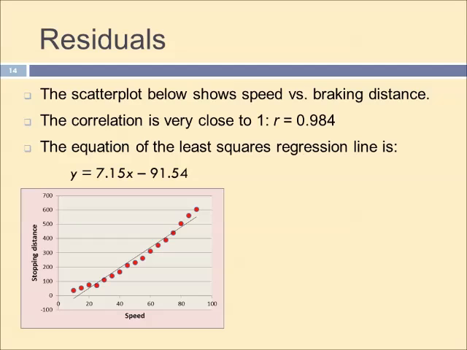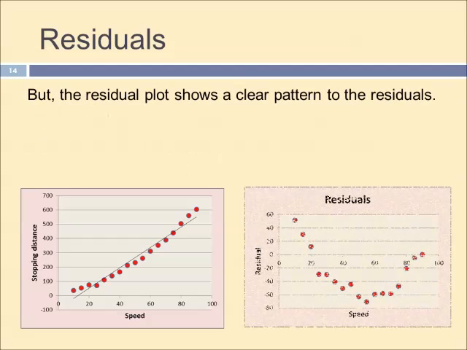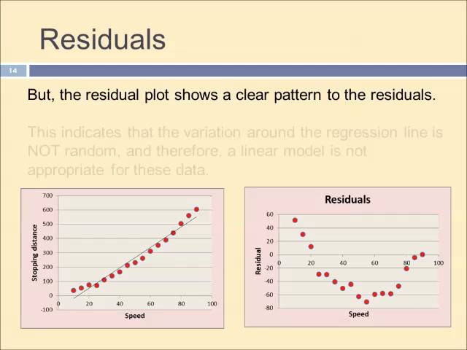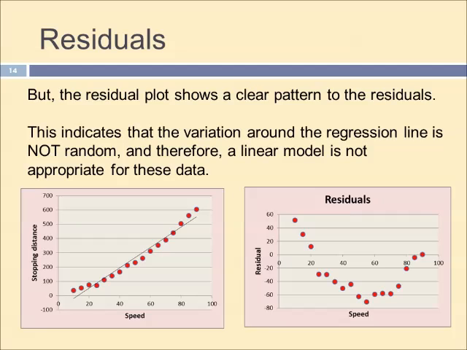So a linear model is good, right? Well, maybe not. If we look at the residual plot, there's a clear pattern to these residuals. This indicates that the variation around the regression line is not random, and therefore a linear model is not appropriate for these data.